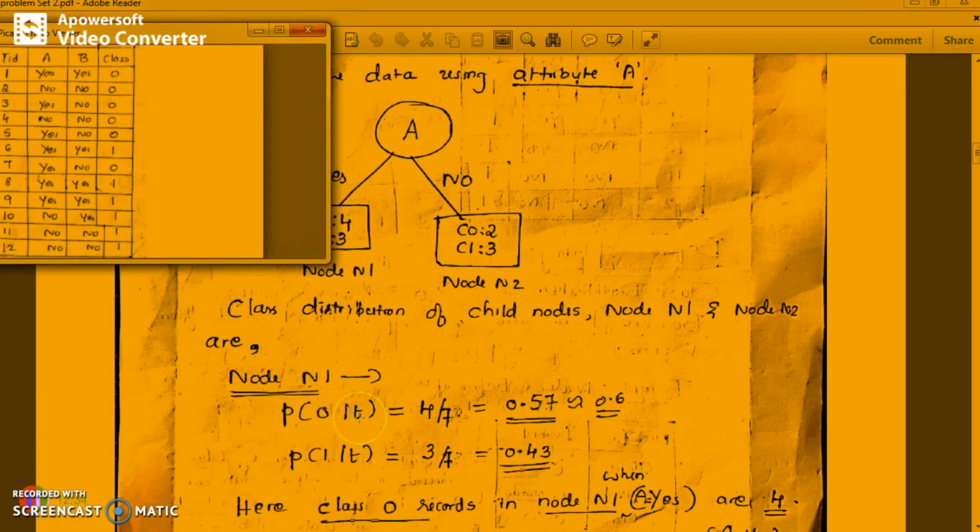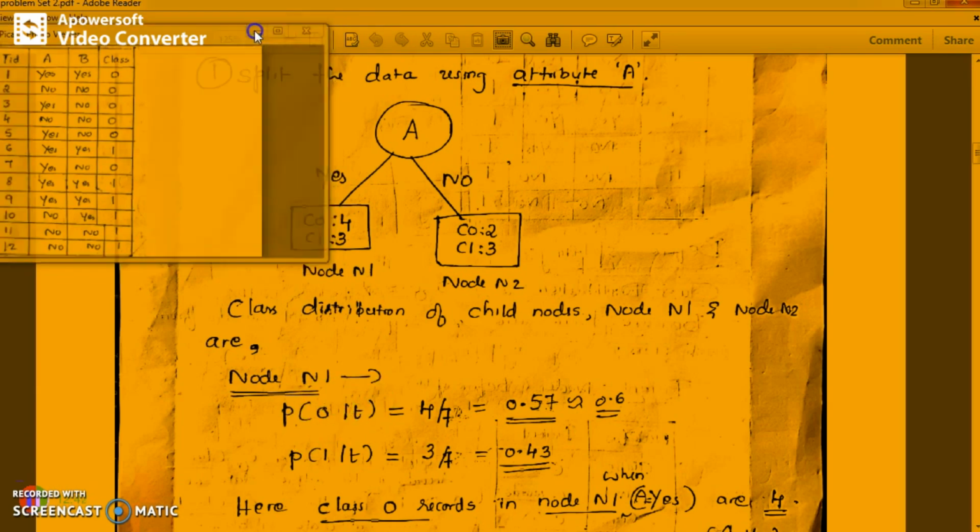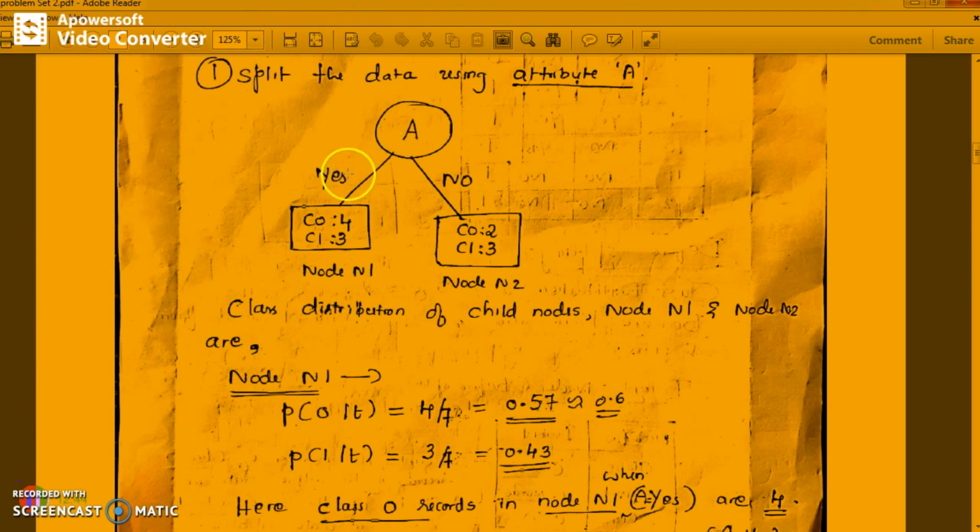Here I am computing the number of records belonging to class 0 when A value is equal to yes. I'm just checking for only A value equal to yes, okay, wherein the number of records belonging to class 0 when A value is equal to yes.